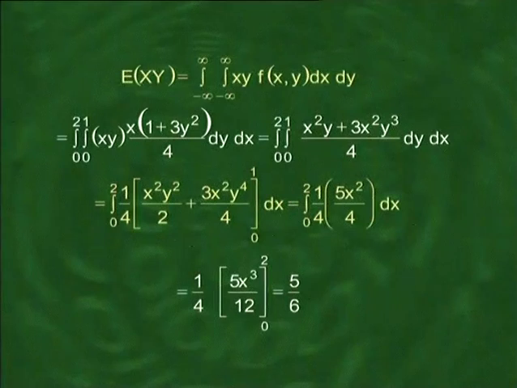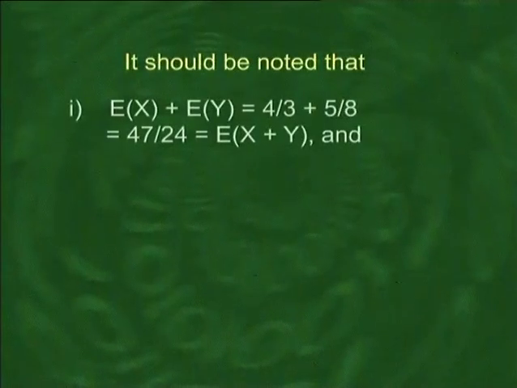And once again, applying the method that is already known to us, the expected value of xy in this example comes out to be 5/6. Hence, students, we find that both the properties are being fulfilled.